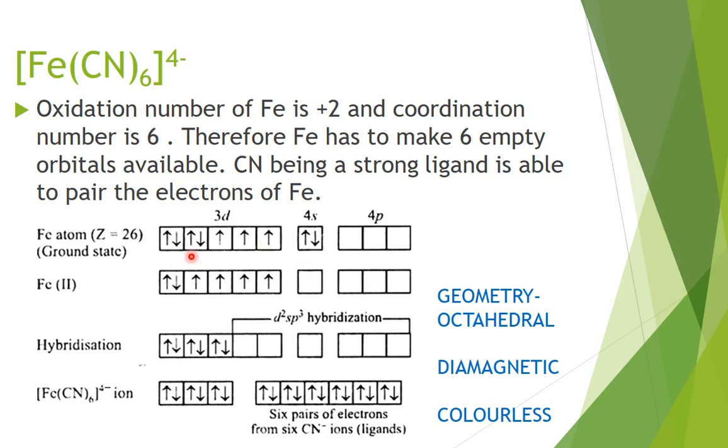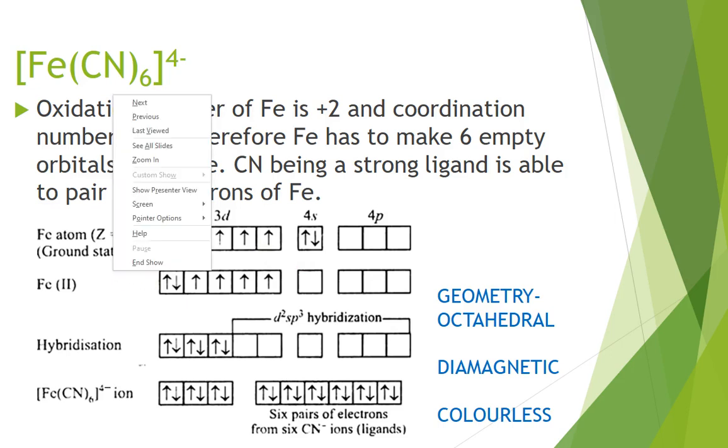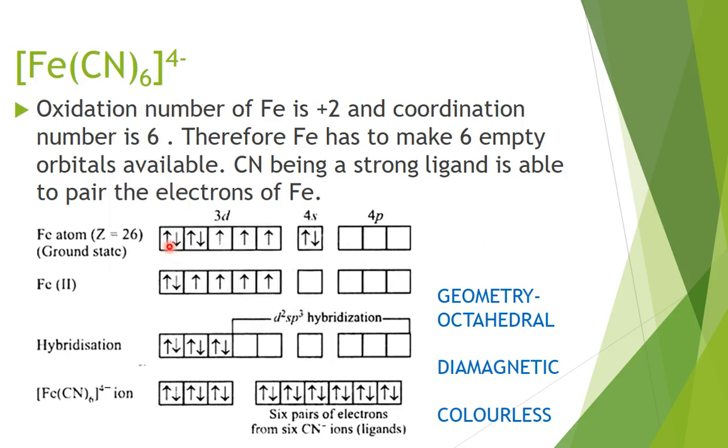Here there is one error, this electron should not be there. It should be 4s2 3d6. In plus 2 state, 2 s electrons will be removed, so it becomes d6 only.